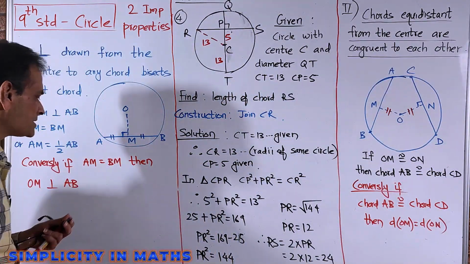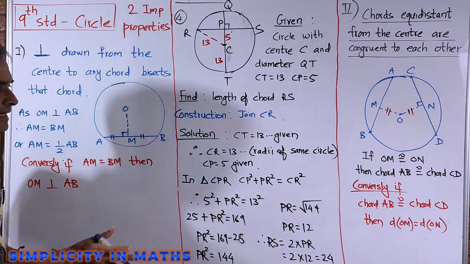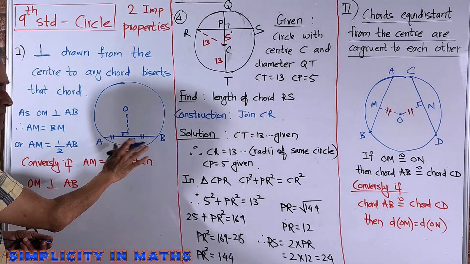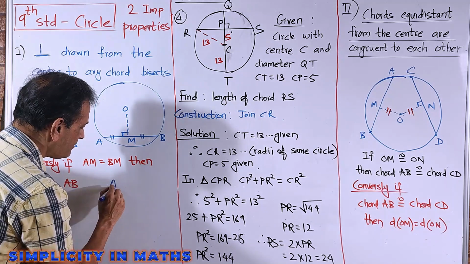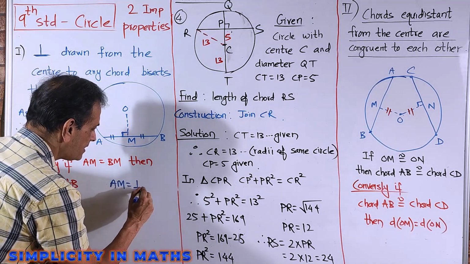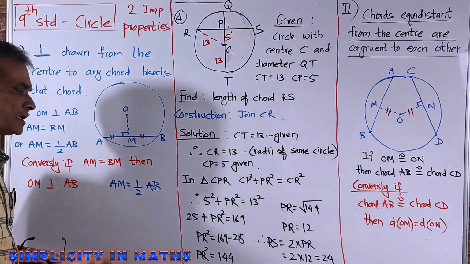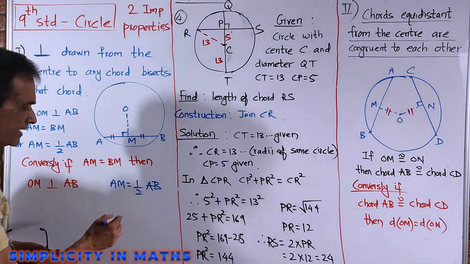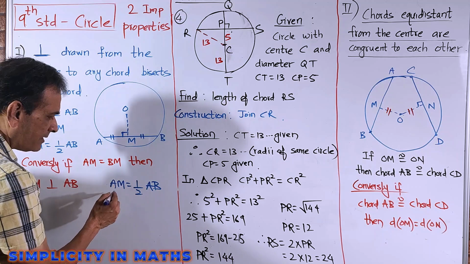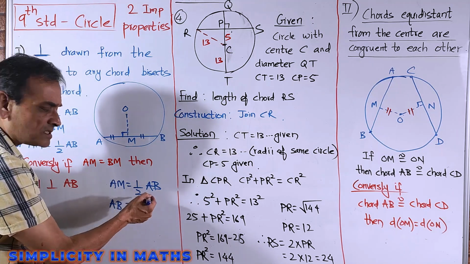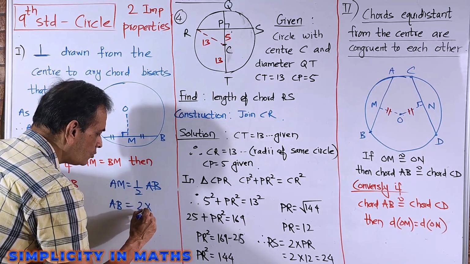in certain problems, as soon as you write, ठीक है, perpendicular draw की, then AM equal to BM, you write AM equal to half AB. ये लिखते हो. For certain proofs you also require cross multiply by 2. So AB will be equal to, if I write AB first, 2 into AM.